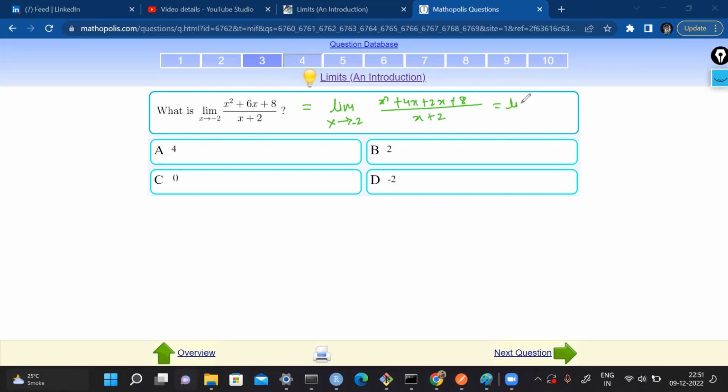In the next step, limit x approaches -2.